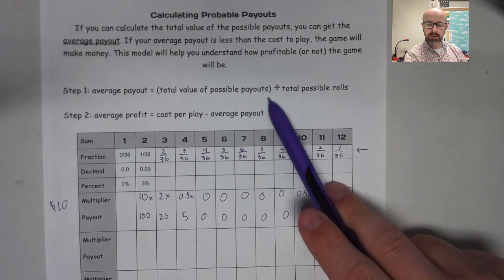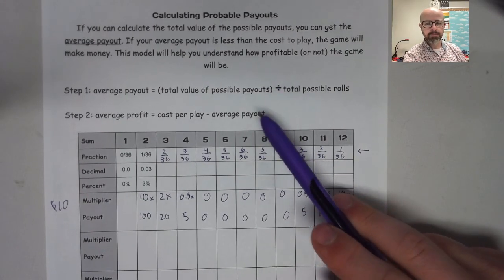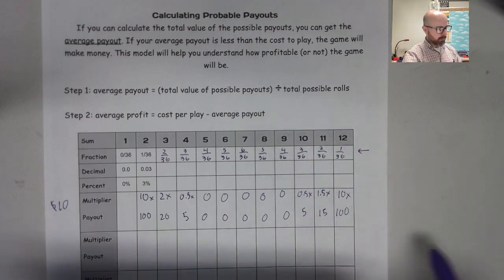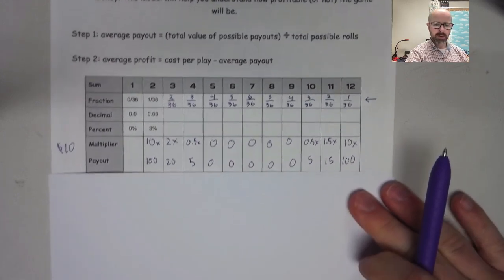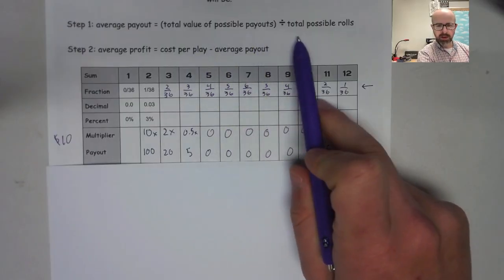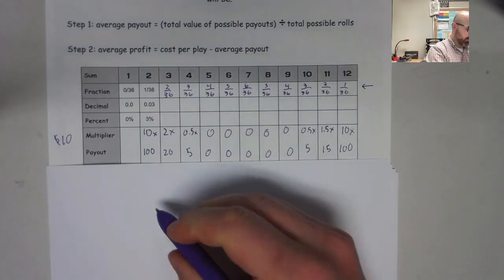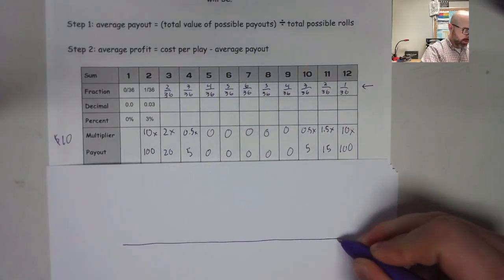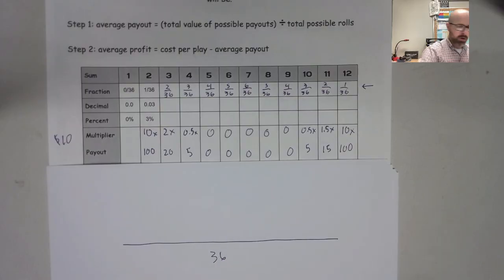In order to find that, we need to get the total value of possible payouts. Okay, here's how I'm going to do this. This is going to be a pattern. Total value of possible payouts divided by the total possible rolls. Well, I know there are 36 possible rolls.